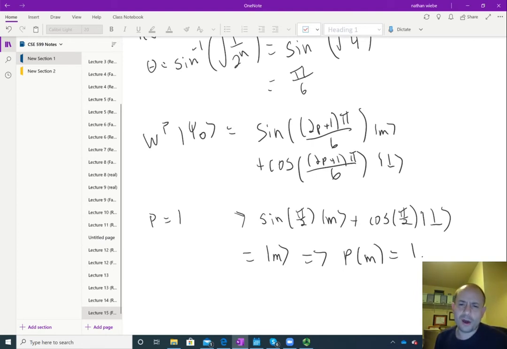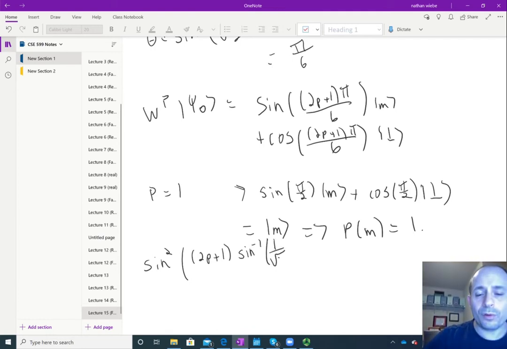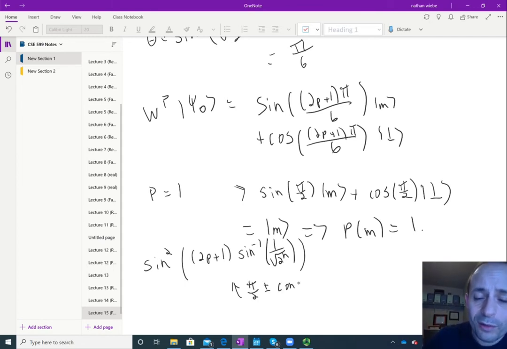So, similarly, in general, if we have our success probability, which is sine squared of (2p plus 1) times the arc sine of 1 over square root of 2 to the n, then all we have to do is note that in the limit where n goes to infinity, we can always end up picking this to be pi by 2 plus or minus some constant.